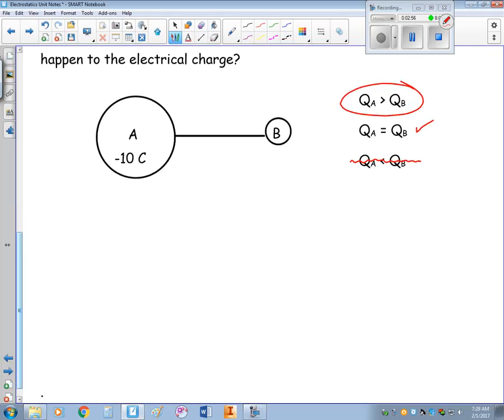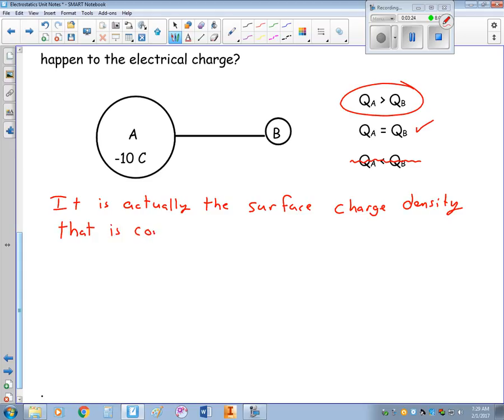So first off, we have to realize that it's actually the surface charge density that is conserved. We typically use rho for density, so I'm going to use rho here.